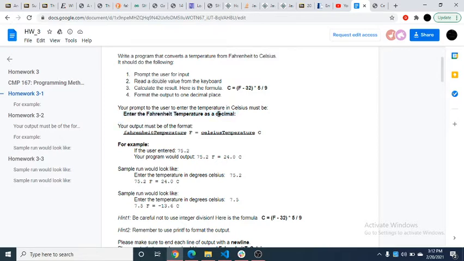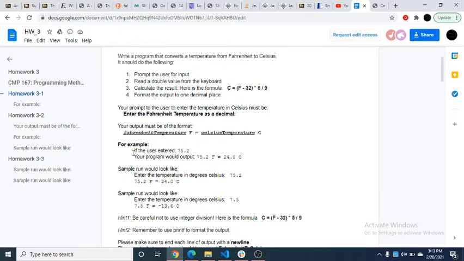So we know we have to take in a float. And she wants us to output our Fahrenheit temperature, F, the symbol F for Fahrenheit, is equal to the Celsius temperature, and with the Celsius symbol C, right?